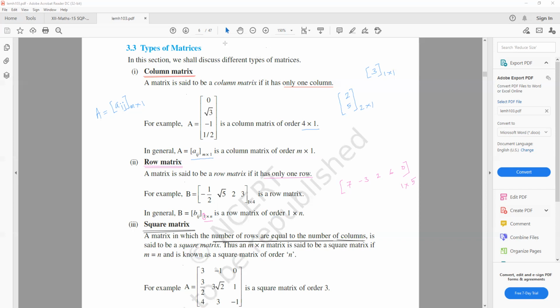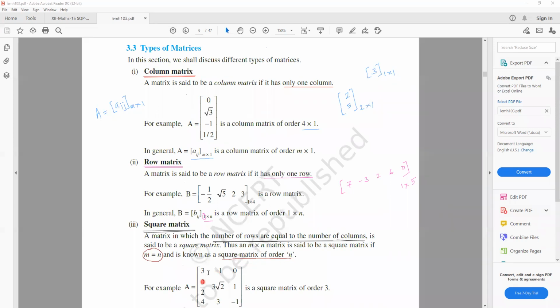That means in an m by n matrix, m should be equal to n. That is known as a square matrix. We say a square matrix of order n. Normally we say a matrix of order 4 by 1, or a matrix of order 1 by 4. Here both are the same, so there is no need to say 1 by 1 twice. We say it's a matrix of order 1. A square matrix of order n means n rows and n columns.